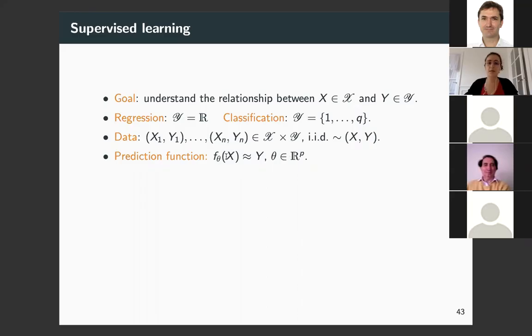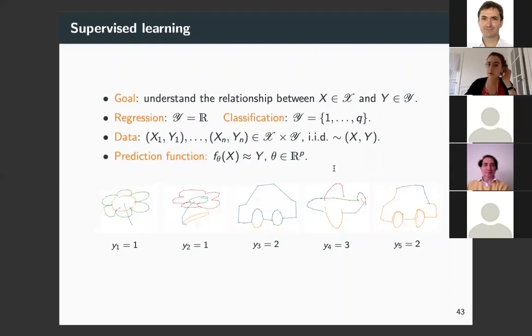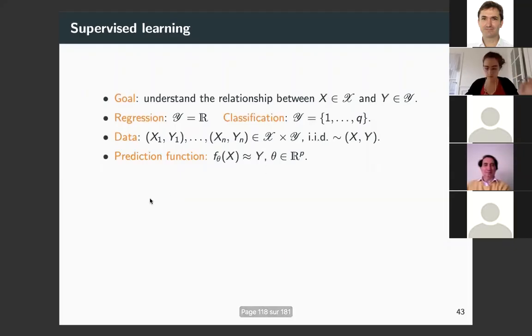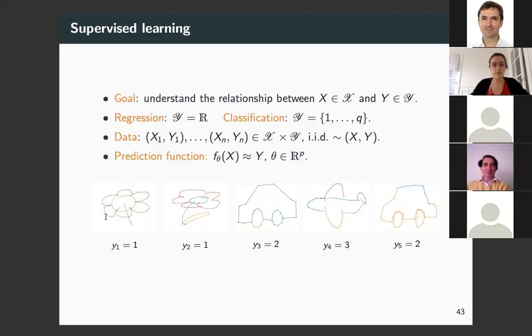So I have to specify what the function f_theta is, and I have to find what theta is. So for example, in the Quick Draw data, X is a path. This is like the trajectory of a pen, and Y is a label saying what object it is. So for example, flowers are labeled as 1, cars as 2, a plane as 3, etc.